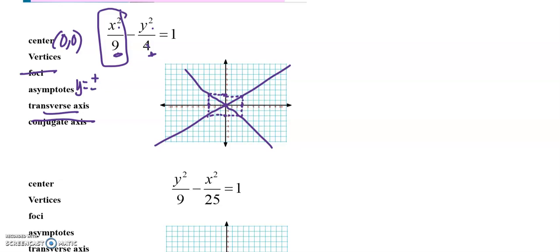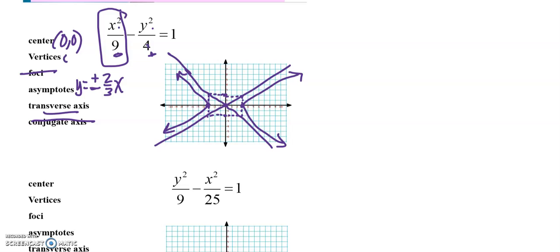So 2/3 is our slope, but we went positive 2/3 x and negative 2/3 x. All right, it opens along the x-axis, so our hyperbola is drawn from the vertices in our box, and we stay within these asymptotes. Okay, now our vertices are here. That's what we're going to name.